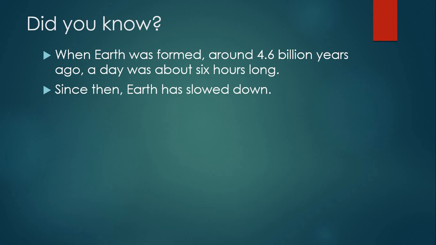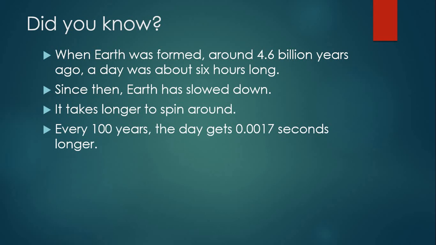Since then, Earth has slowed down. It takes longer to spin around. Every 100 years, the day gets 0.0017 seconds longer.